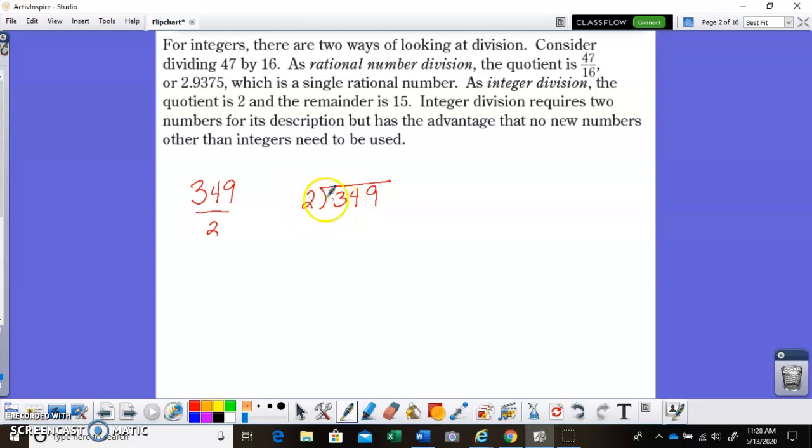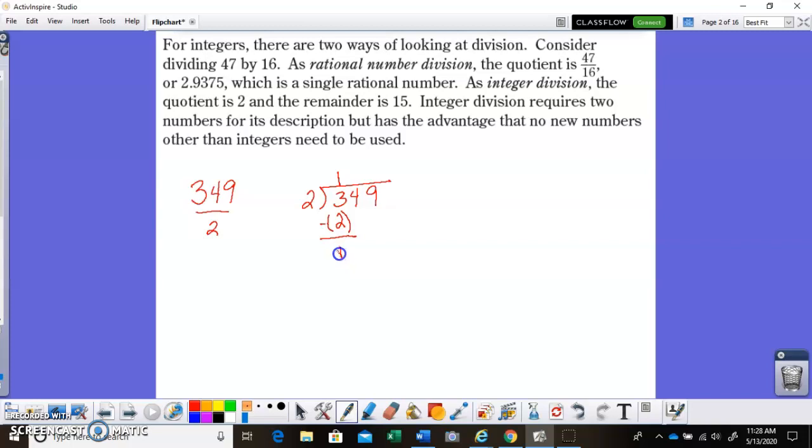So does 2 go into 3? And it does. 2 goes into 3 one time. Okay, so I put that 1 above the 3. Now I do my multiplication and I get 2. And notice I put it just below the 3. Okay, we'll do something with that 4 and that 9 in a few seconds. So then I do my subtraction and I get a 1.